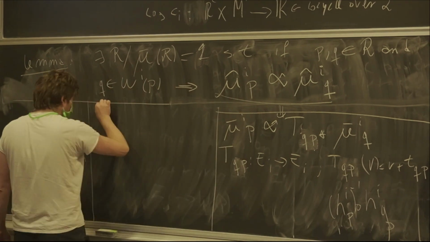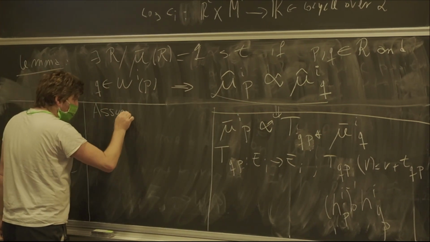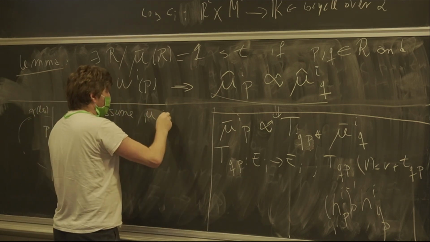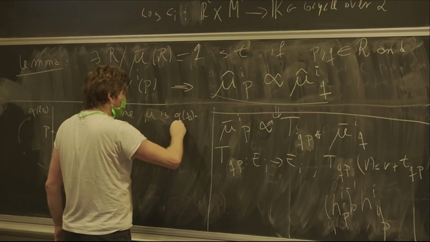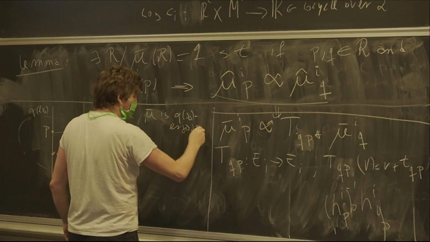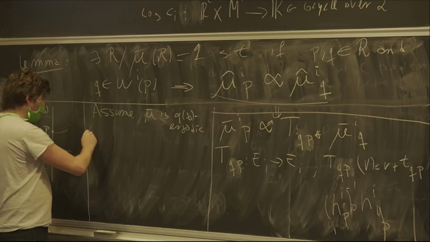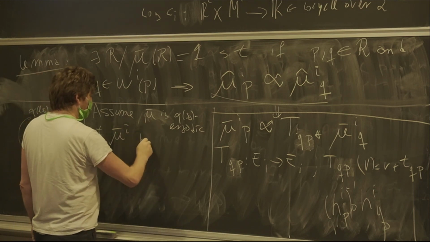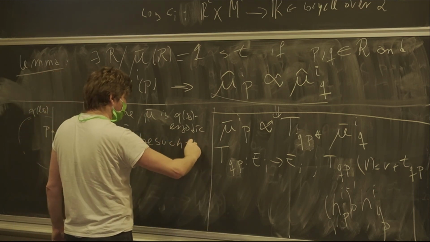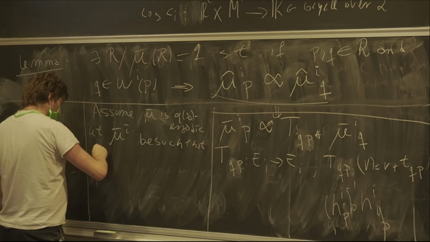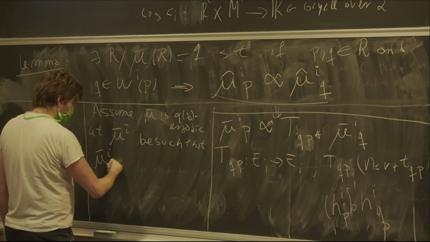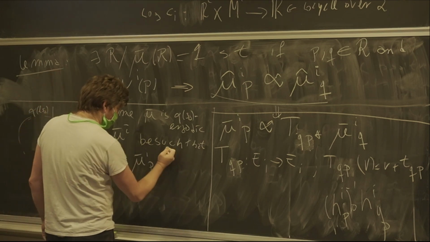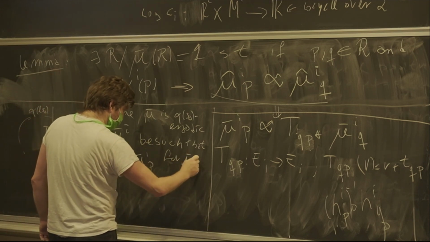So as I said, let me emphasize, assume that mu is alpha S naught ergodic. Let mu bar I be such that mu bar I is equivalent for mu bar almost every p.